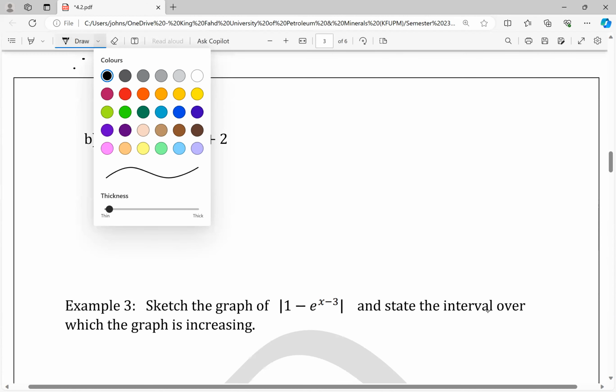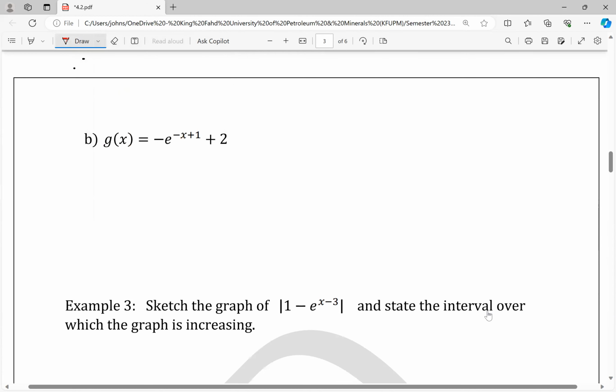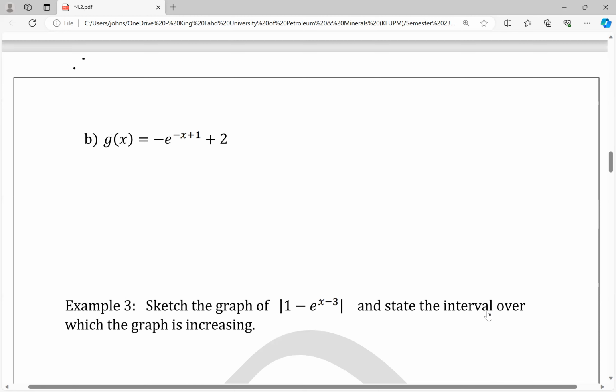So for this one, we'll follow the same procedure here. You can write this as minus e to power minus, then we have x minus 1, plus 2. So let's start with the graph of e to power x, which will be this one. This is the graph of e to power x.